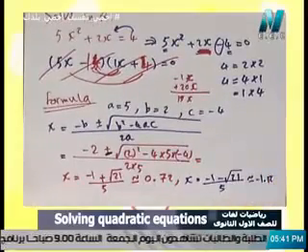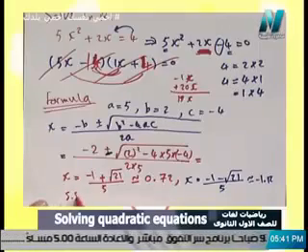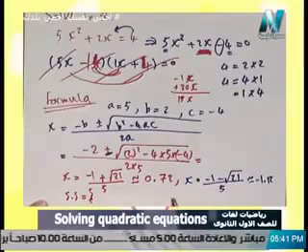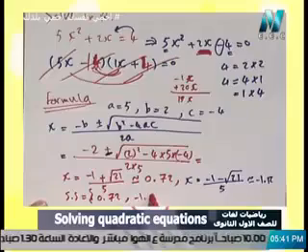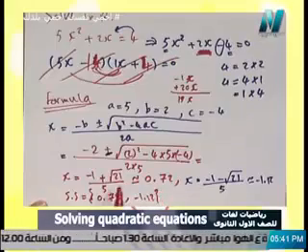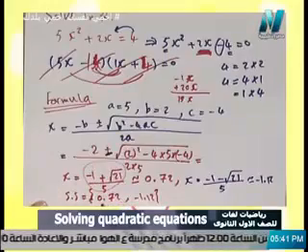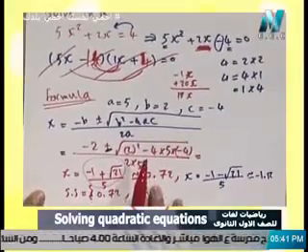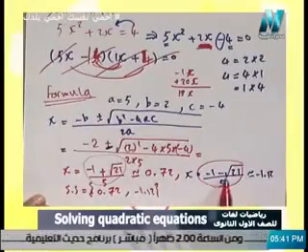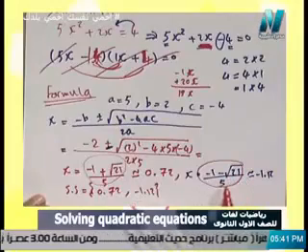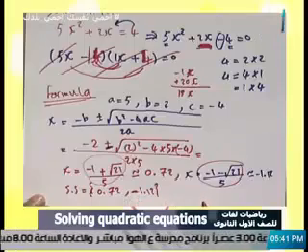So the solution set, or the two roots here, equals 0.72 and negative 1.12. And we can write the first solution as negative 1 plus square root 21 over 5 instead of 0.72, and the second as negative 1 minus square root 21 over 5 instead of negative 1.12.